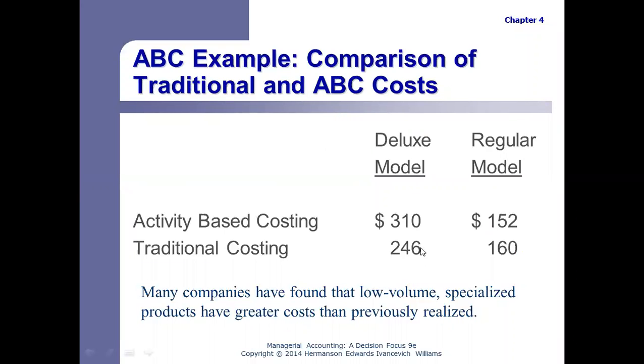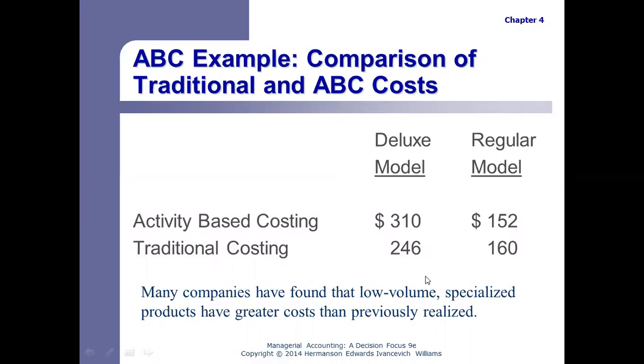Okay, that's the ABC costing. So here are the $3.10 and $1.52 we just calculated. Remember earlier, the example for traditional costing, we had $2.46 and $1.60. So again, it's just a different way of costing or looking at the cost of a product. But because activity-based costing is more precise as far as allocating overhead, we can see that the deluxe model got charged more than the regular model as compared to when we did the traditional.